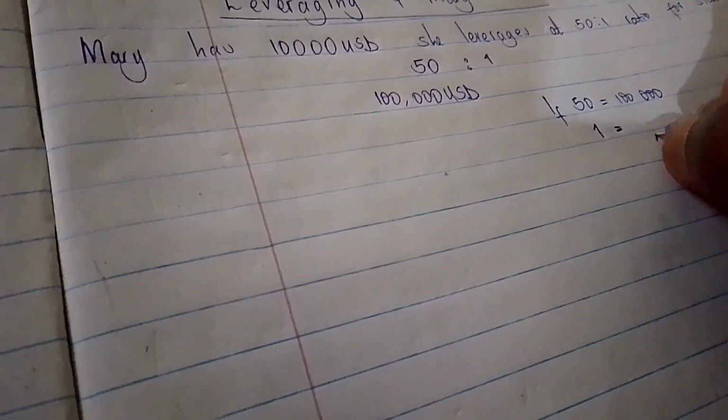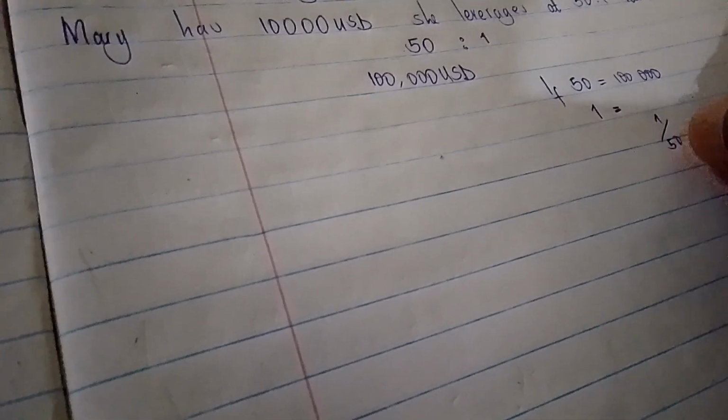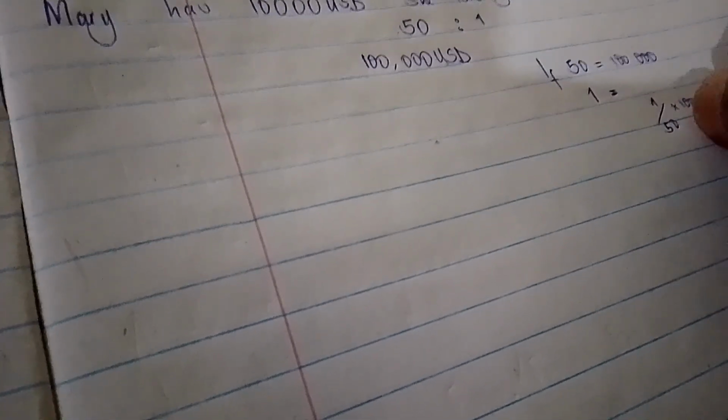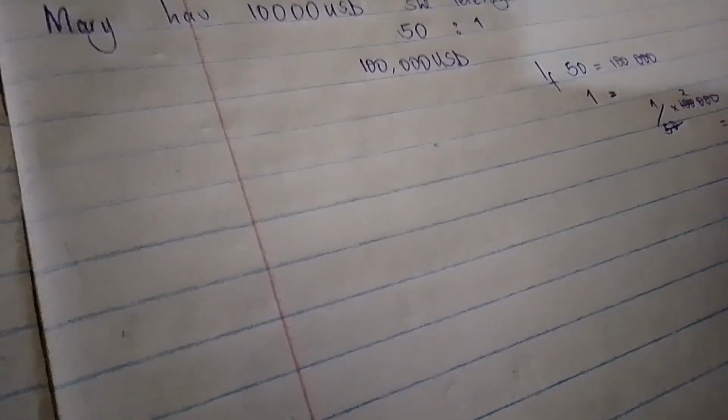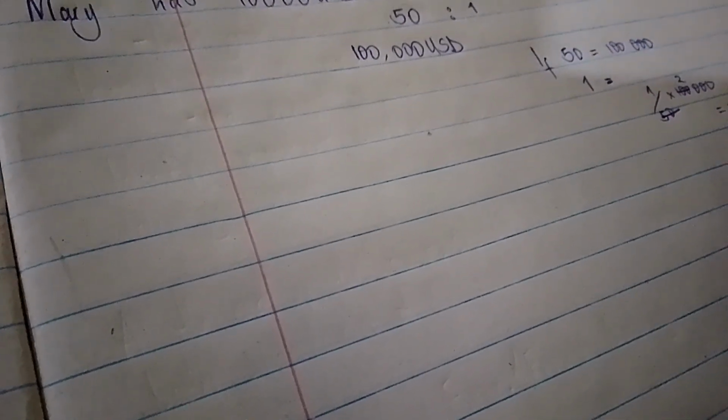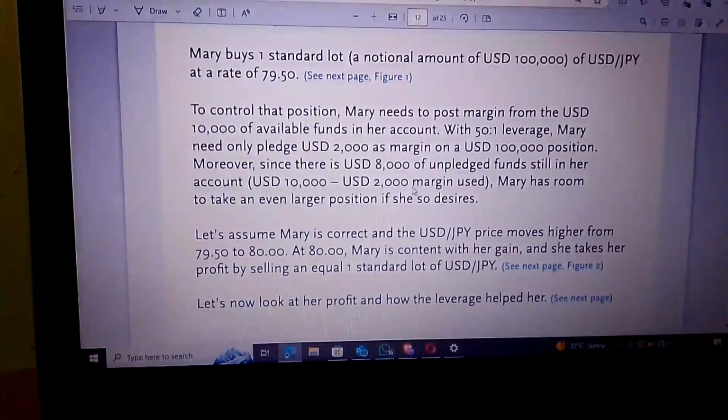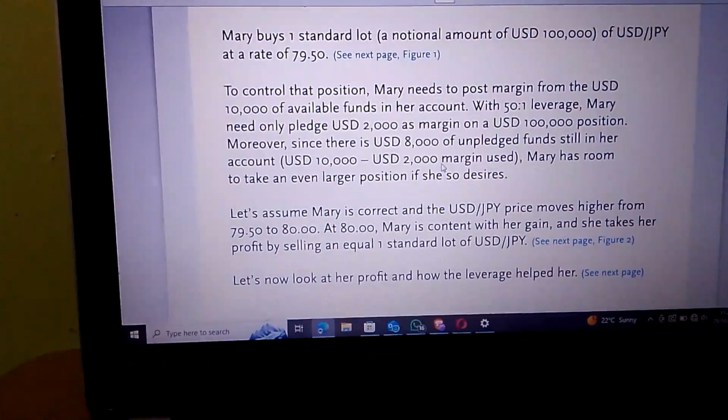She'll need 1/50 of that 100,000, which in our case is $2,000. So she'll use 2,000 USD for a position of 100,000.